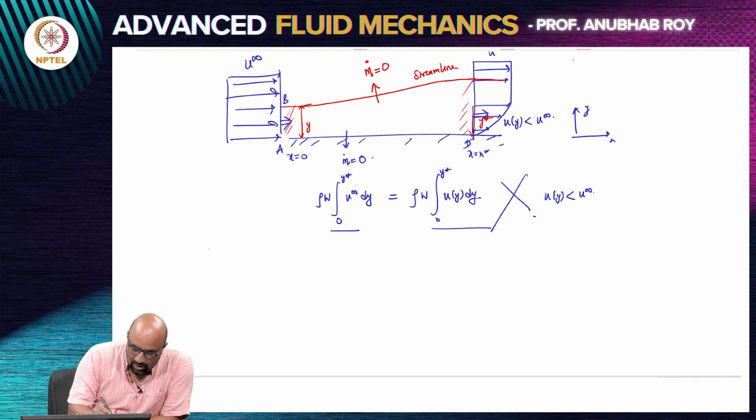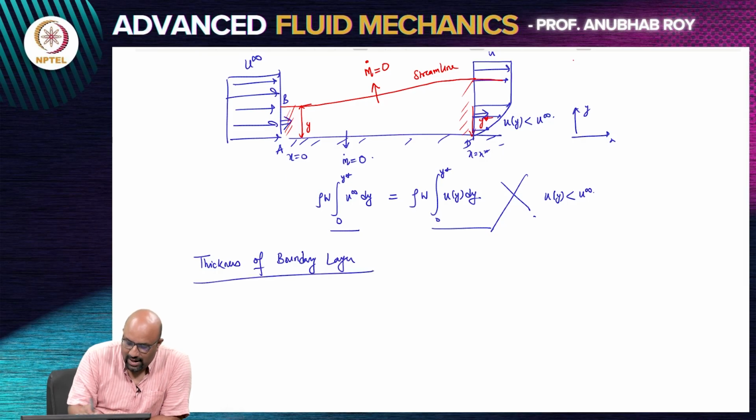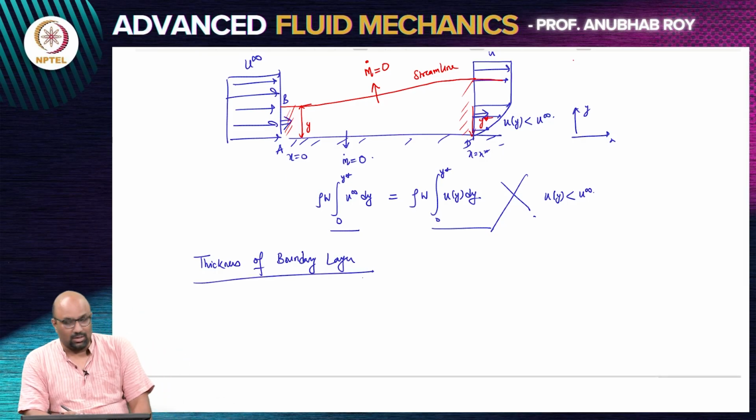So, we will use all of this now to come up with measures of boundary layer. How do we identify where the boundary layer is? Because, as I said, the boundary layer is not like an actual region in the problem. It is basically our way of interpreting where viscous forces and inertial forces are going to be prominent.